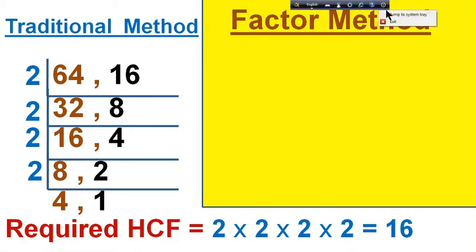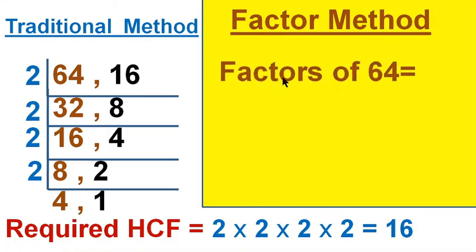Now we will see the factor method. In this method we will find factors. Here the factors of 64 are 1 and 64. That means 64 times 1 is 64, and 2 and 32. That means 32 twos are 64.